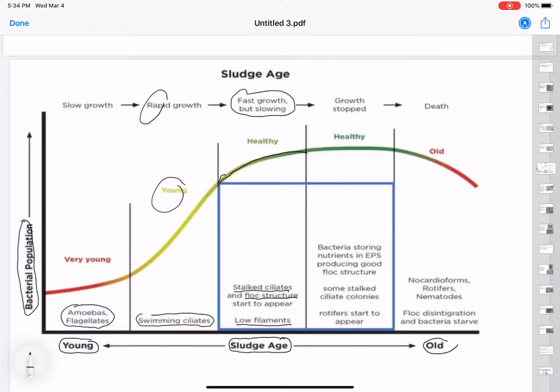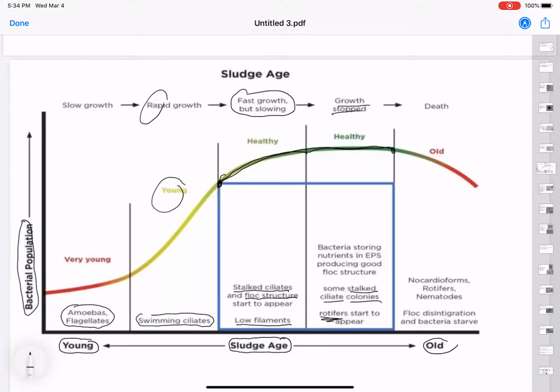Now, when the growth has stopped, this is still healthy, but death is not occurring. So you can see bacteria storing nutrients in EPS, producing strong floc structures, and some stalked ciliate colonies and rotifers, you'll see them start to appear. Still, the system is healthy from here to here.